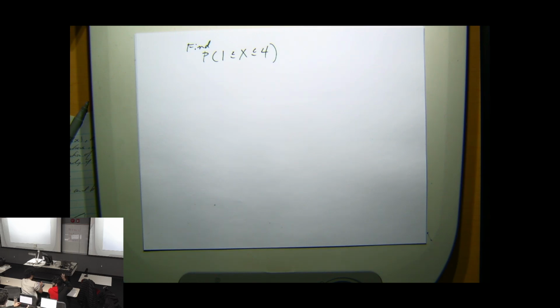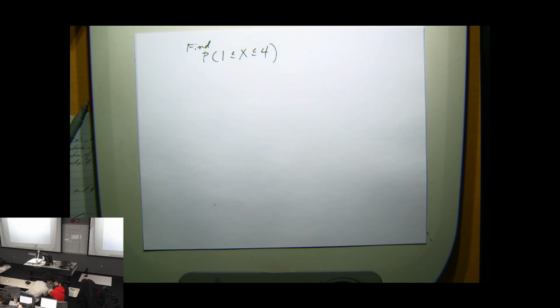Again, look at your graph and say, what do you think? Doesn't exist. There's no probability that x can be between 1 and 4, eh? Okay, you got a different answer? I think it's 1 over 8 still.